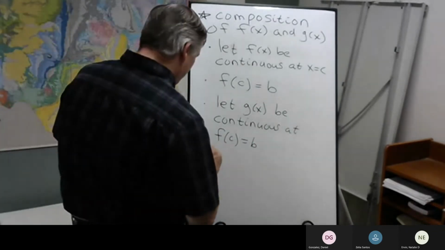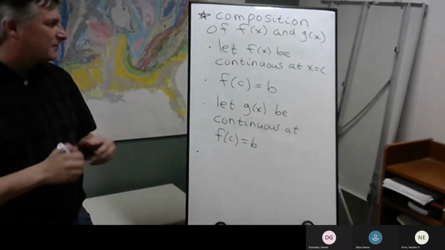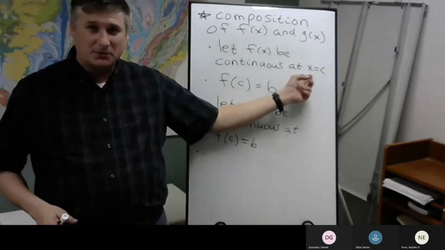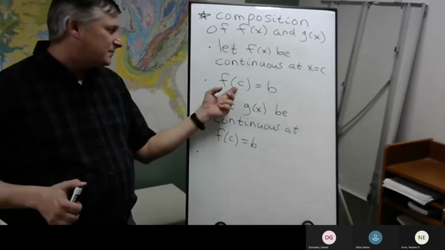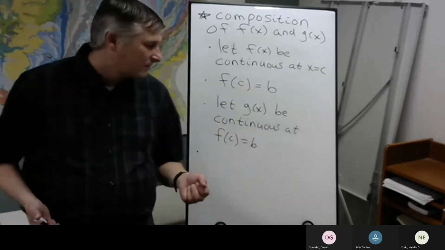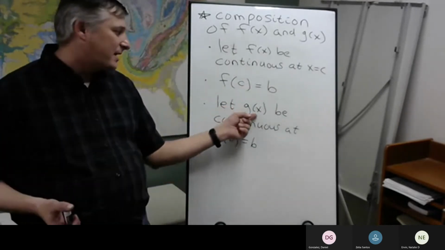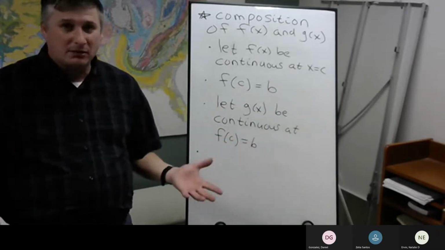Then what we've got, so let me just take a look at it. We've got f of x continuous at x equals c. And then f of c is going to turn into some number b. Now let's suppose g of x is continuous at b.